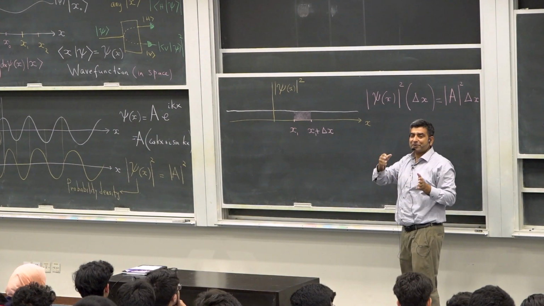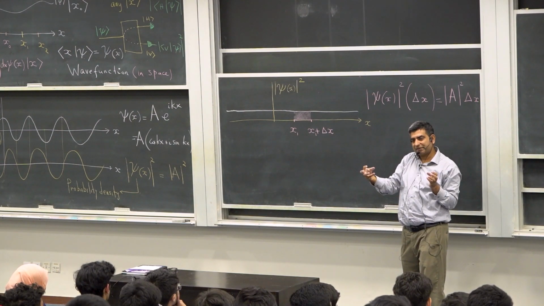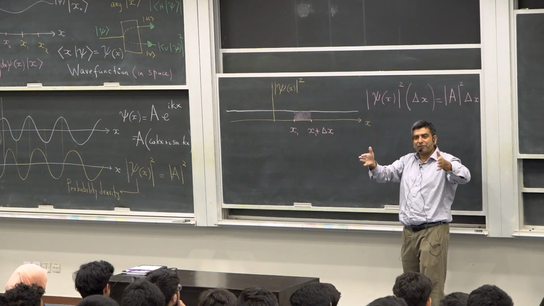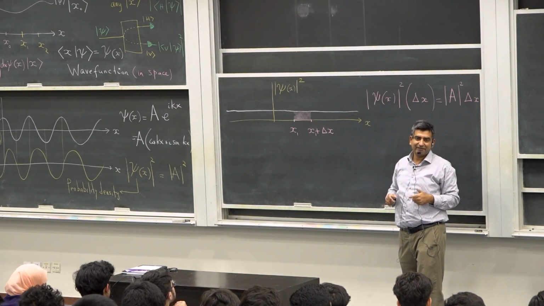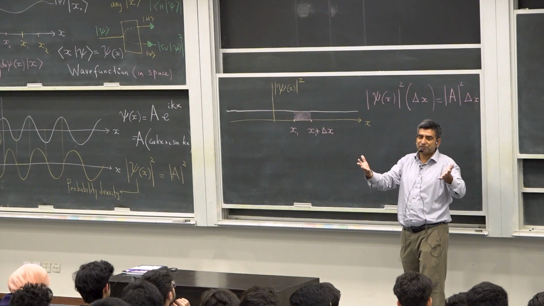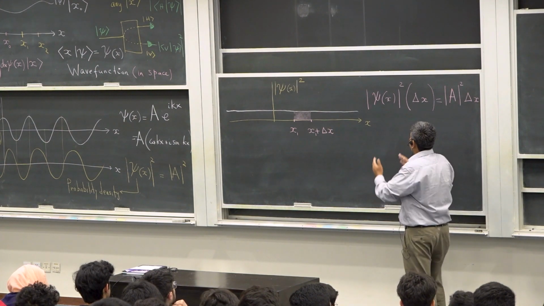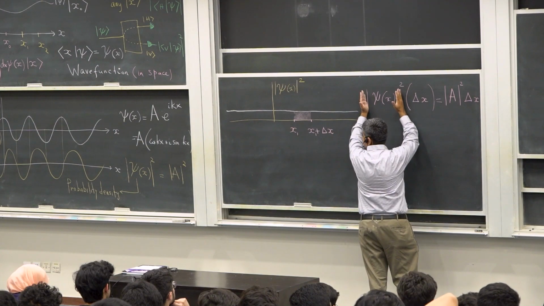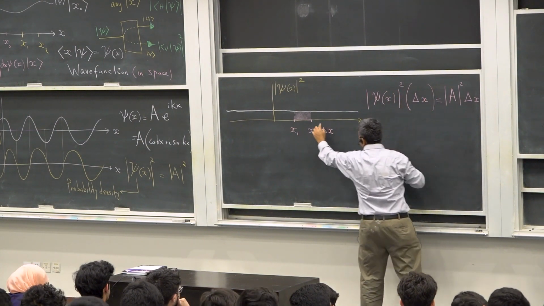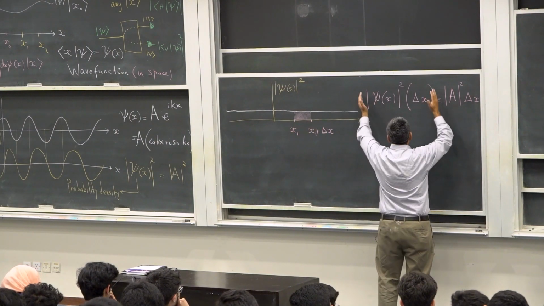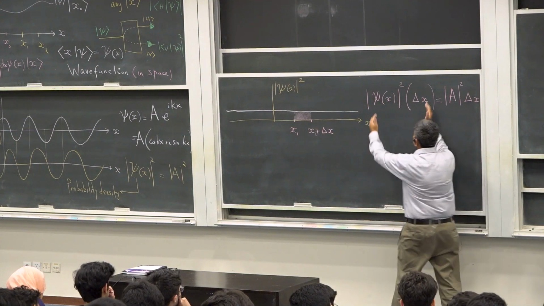This is very similar to the concept of taking a ket, finding the overlap with another ket, making an inner product, modulus square, that was defined to be the probability, correct? That was a postulate, Born's postulate. Exactly in the same vein, I take my wave function, modulus square it, and multiply it with the interval in space, I get a probability. Okay? So all of this is a probability.